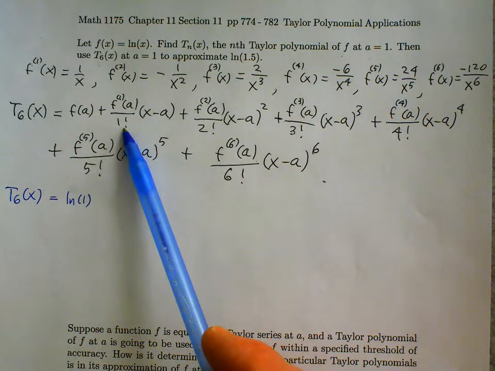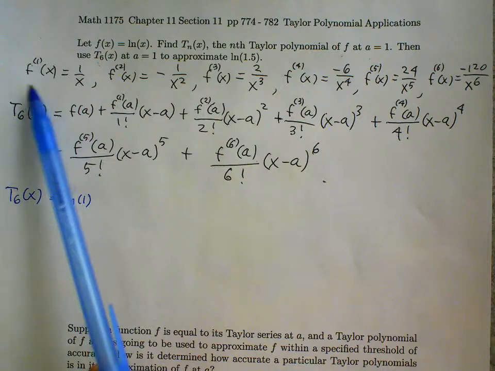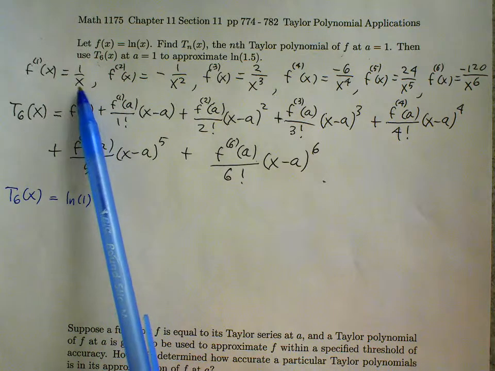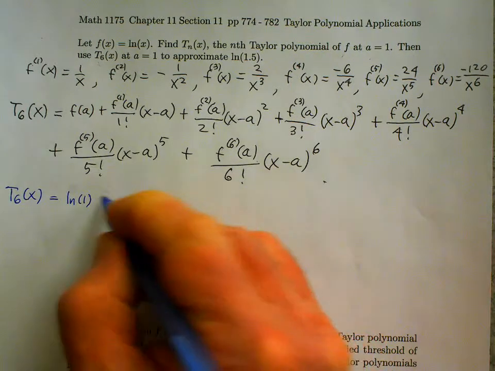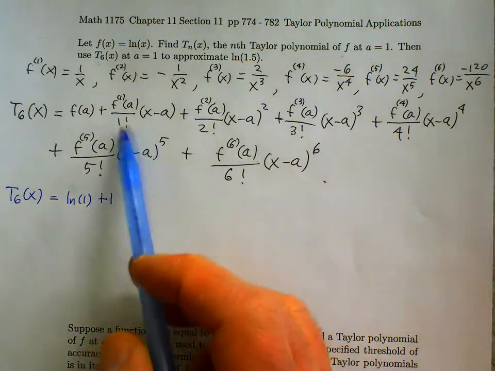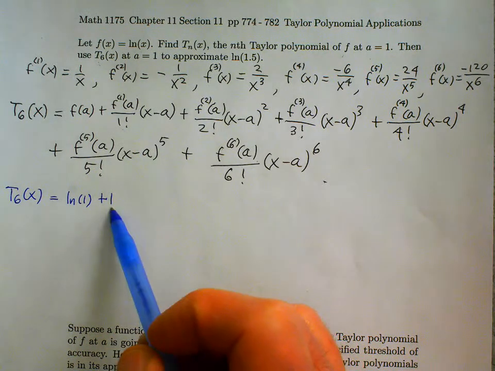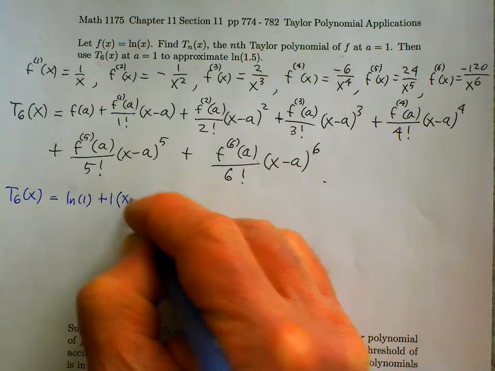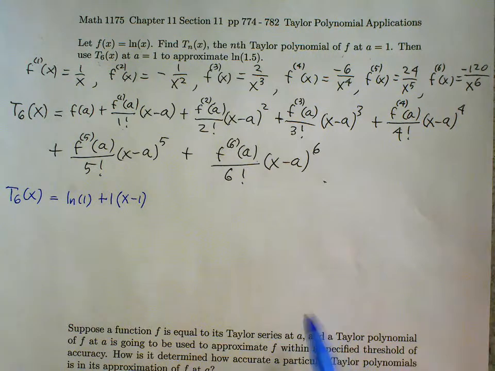The first derivative of f is 1 over x. Evaluated at a, that's plus 1. Divided by 1 factorial, so it's just 1, and then times the binomial x minus 1 to the first, or just x minus 1.